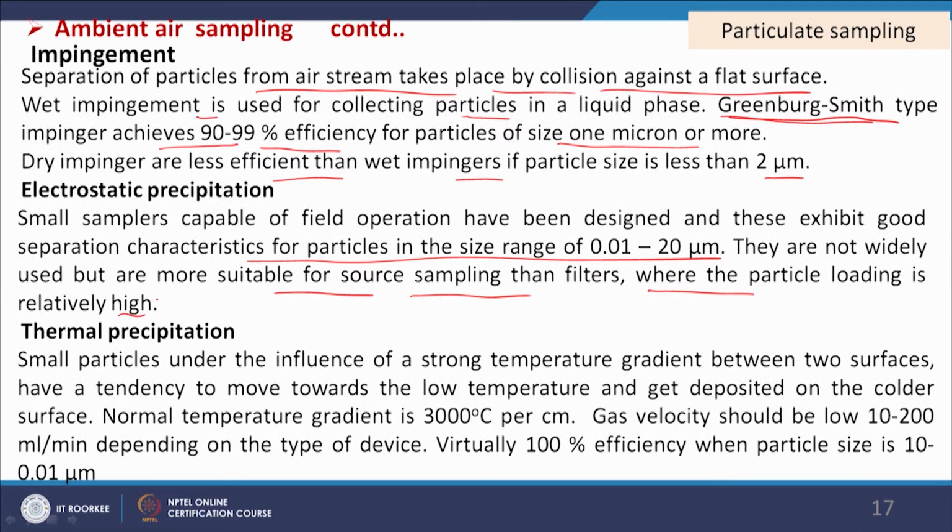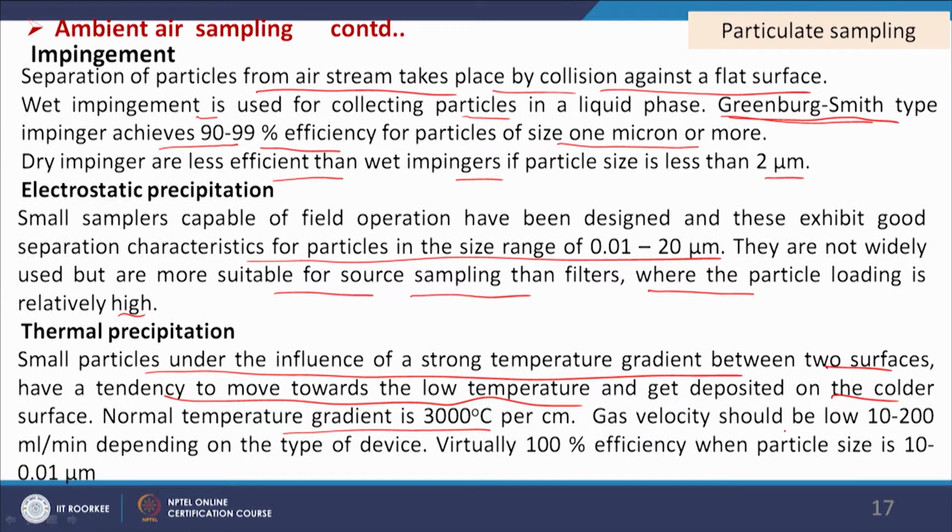And thermal precipitation. So, here the small particles, under the influence of a strong temperature gradient between two surfaces, have a tendency to move towards the low temperature and get deposited on the colder surface. So, the normal temperature gradient is 3000 degree centigrade per centimeter.